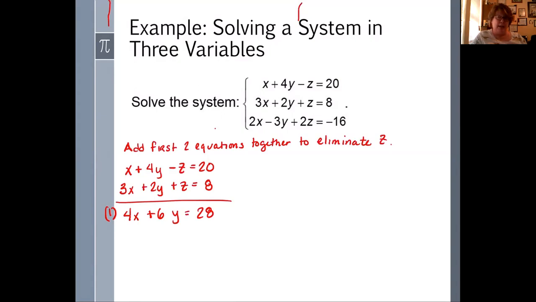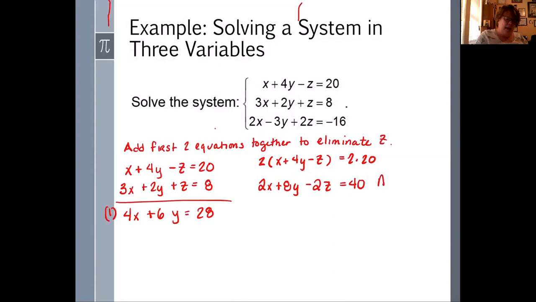So I'm going to multiply both sides of the first equation by 2. When I distribute the 2 across, I get 2x plus 8y minus 2z equals 40.